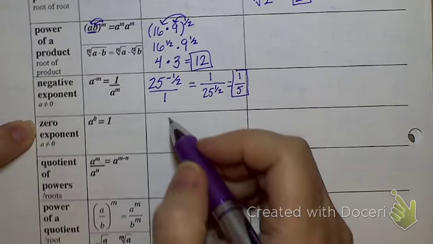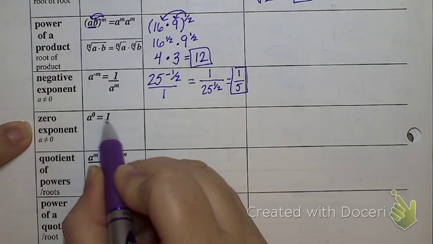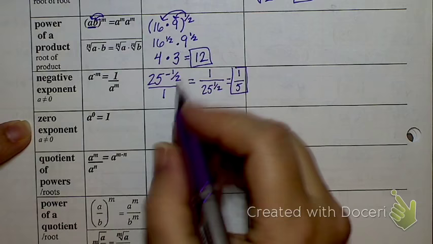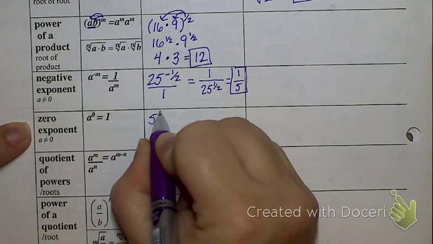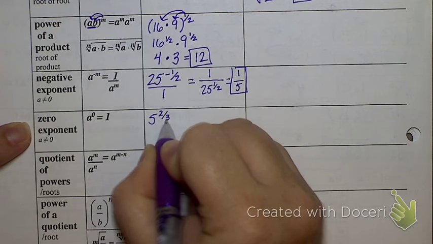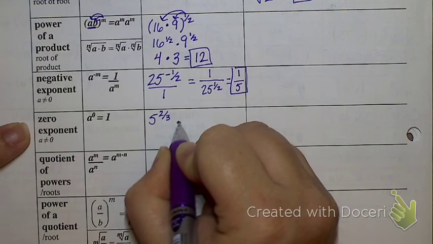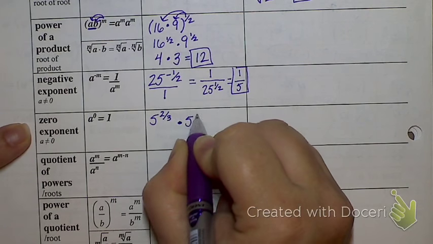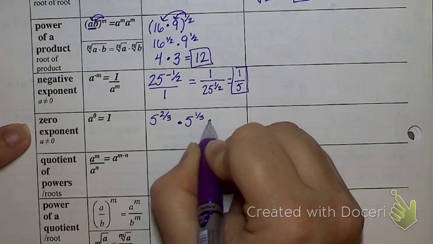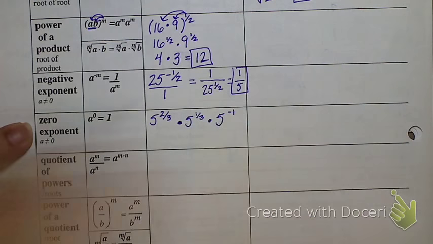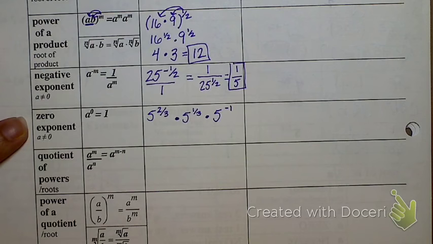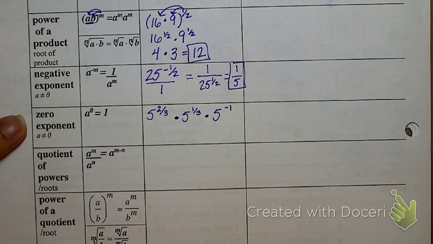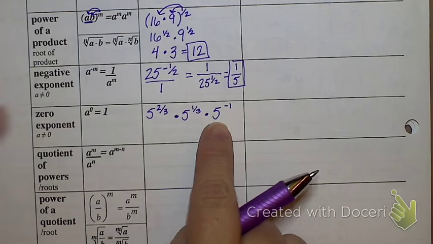Okay, 0 exponent. Anything to the 0 power equals 1. So if I had 5 to the 2/3 times 5 to the 1/3 times 5 to the -1. A lot of people will freak out there and go, oh, do I need to call the 5 1 or do I need to call this one 1/5?